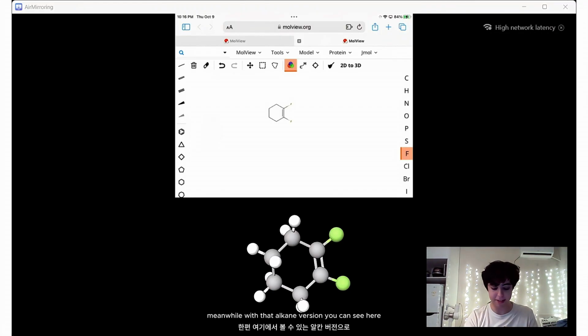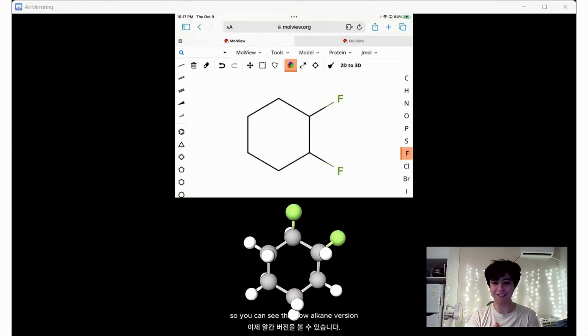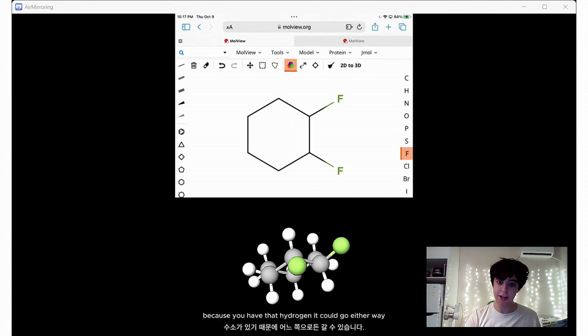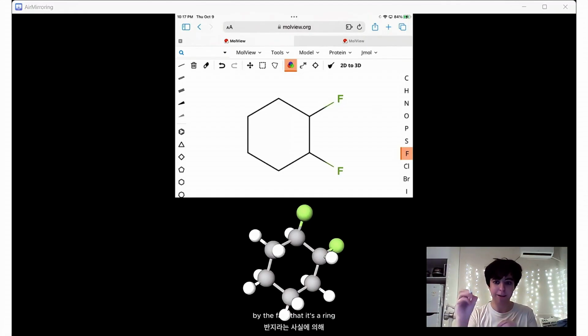Meanwhile, with that alkane version, you can see this now alkane version. If you look at your fluorines in this view, you have them as trans. However, because you have that hydrogen, it could go either way, right? The rest of the ring is locked in place by the fact that it's a ring.